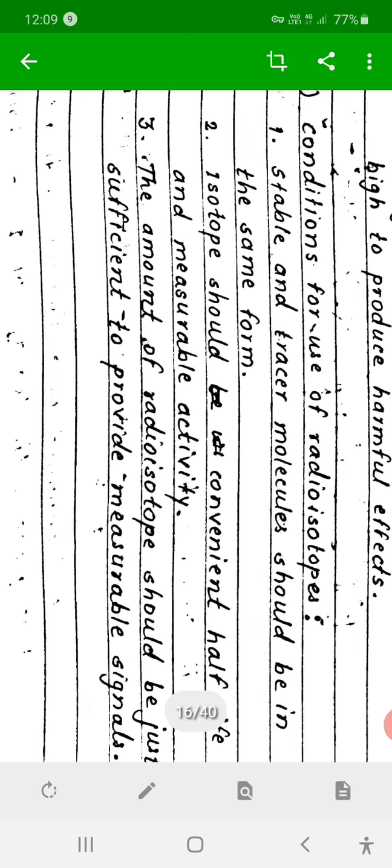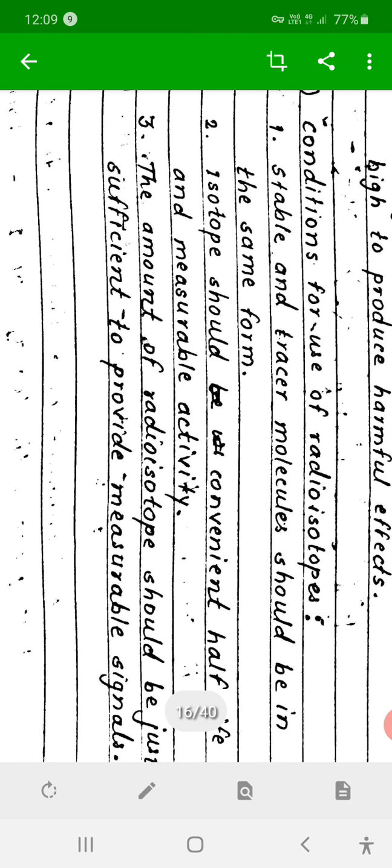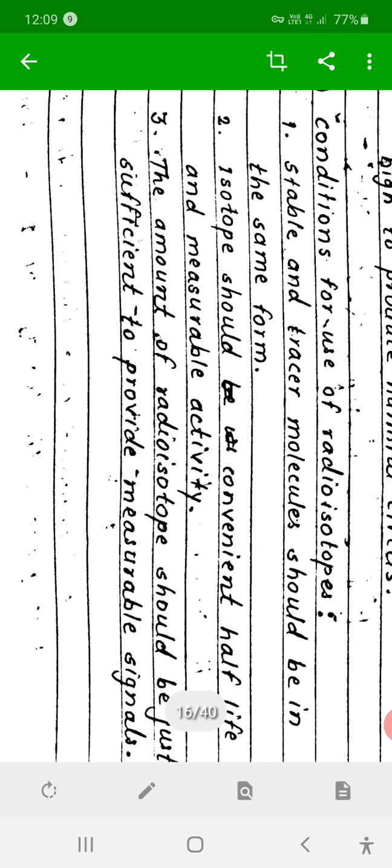If in the reaction the substrate exists in liquid form, and we replace some atoms of that substrate by its isotope, then that one is also in liquid form. That is, the tracer and the original substrate molecule must be in the same form.